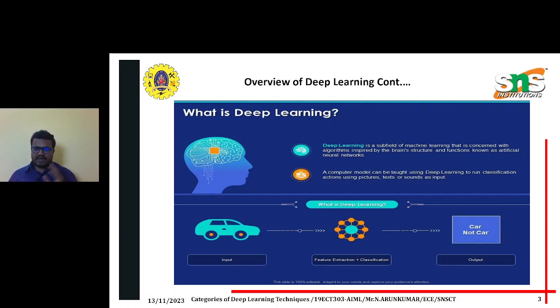It can be predicted by the extraction plus classification method, because it is not a machine, it is a car, it is not a food. Based on the classification only we identify whether the shown input is the right one or not. So by this deep learning method we are able to identify the correct images.